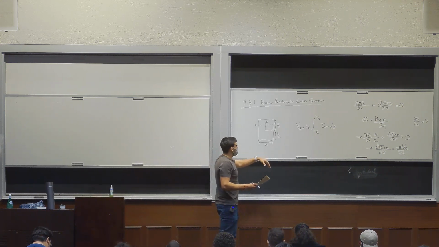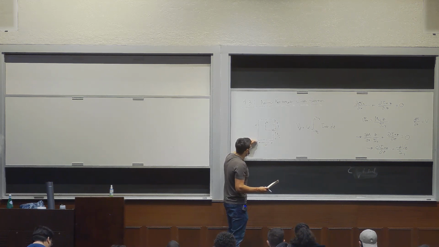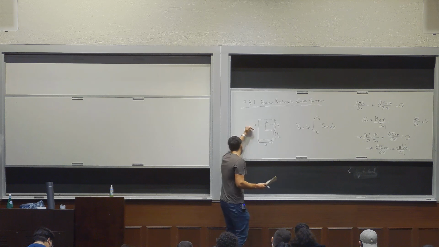So if we integrate that equation from negative h over 2 to this position z, we get the following equation.